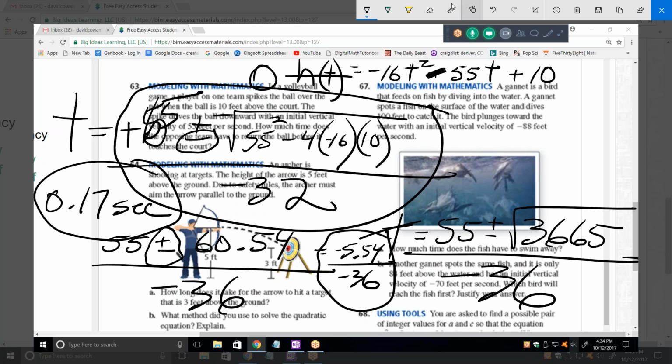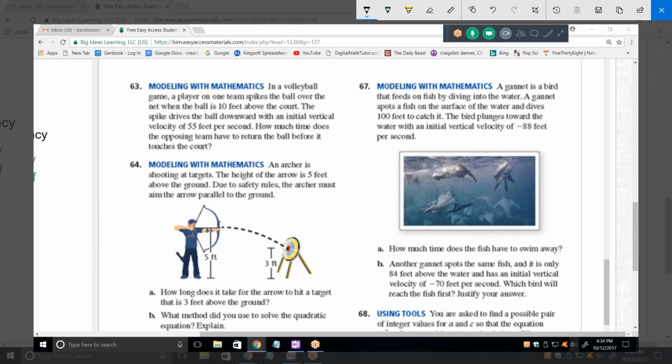All right. So one more problem, and that is 67. Okay. Already on this page. Give me the standard equation again.